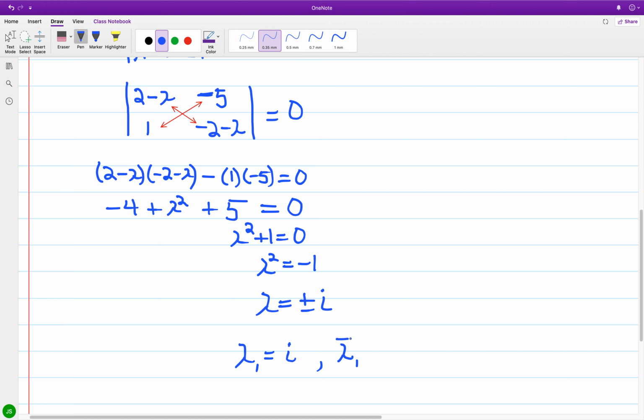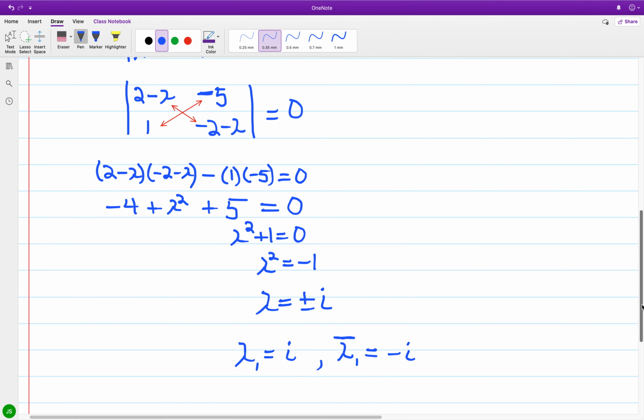We have a bar over lambda of 1, and the bar represents the conjugate, so we have negative i. With complex eigenvalues, especially for a two-equation system, we need only one of these eigenvalues to establish the eigenvector. So we need just one eigenvalue, one eigenvector for the system.